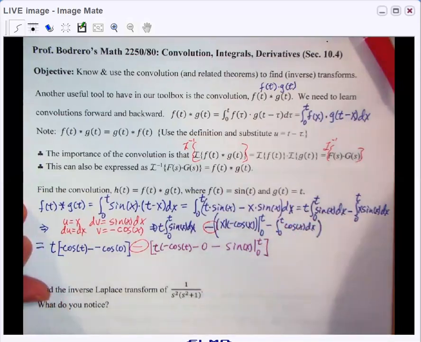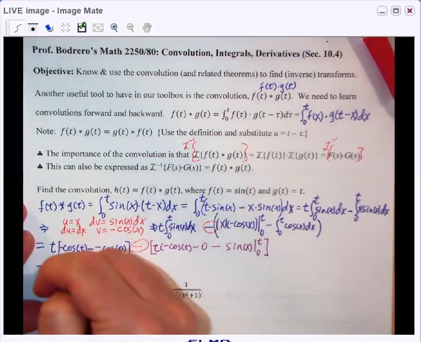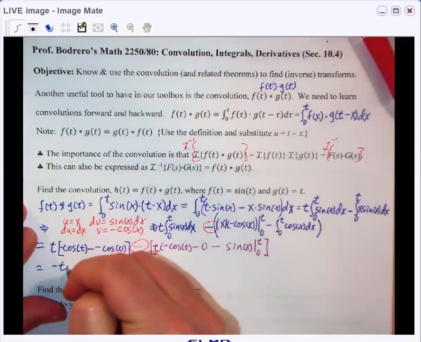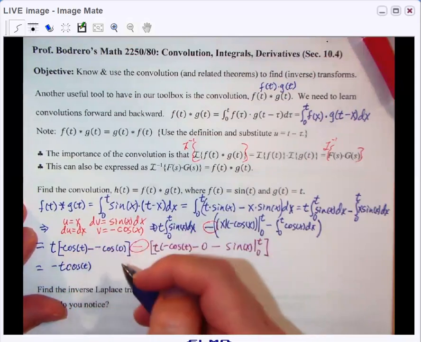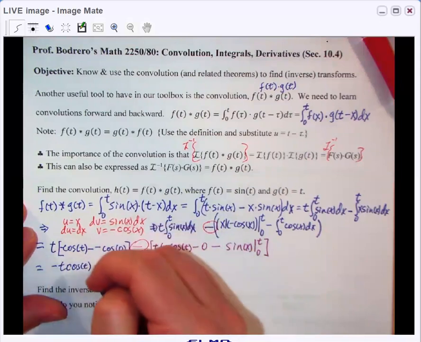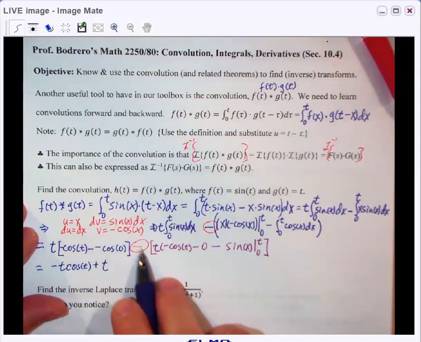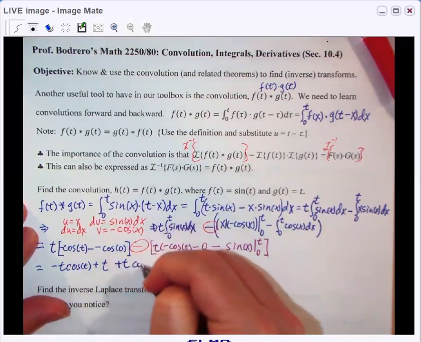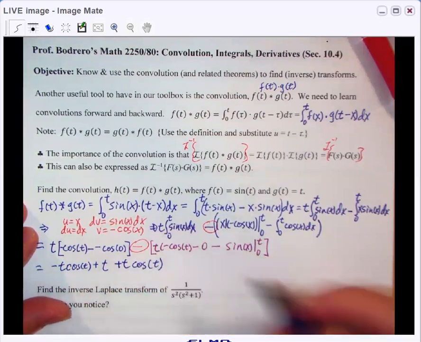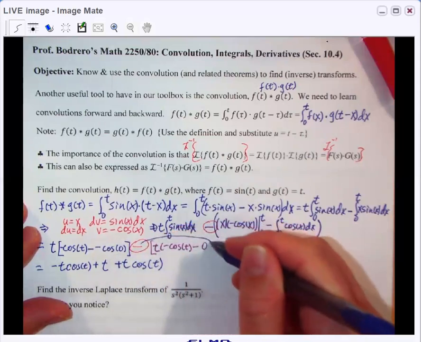All right, let's see what we've got now. So we've got negative t cosine of t, minus a negative is plus 1 times the t, which is plus t, minus a negative is plus t cosine of t, 0, 0. And now I'm going to distribute the negative over this as well.